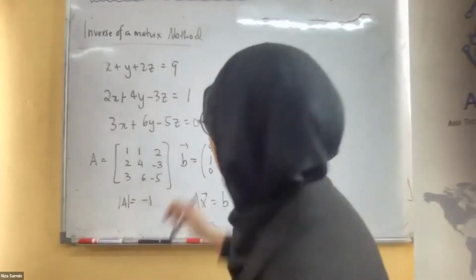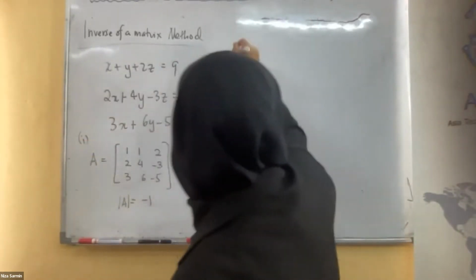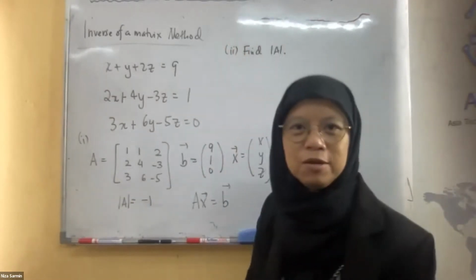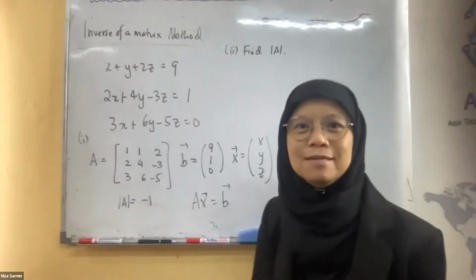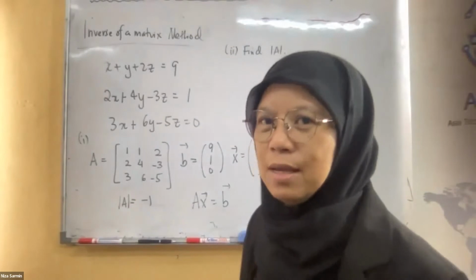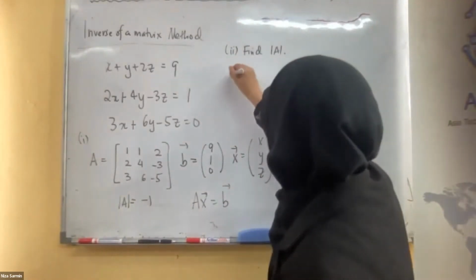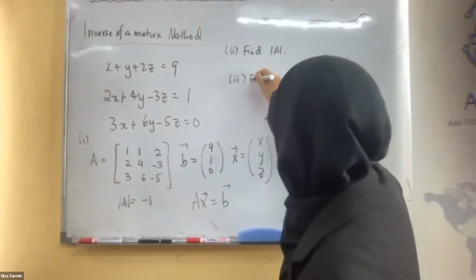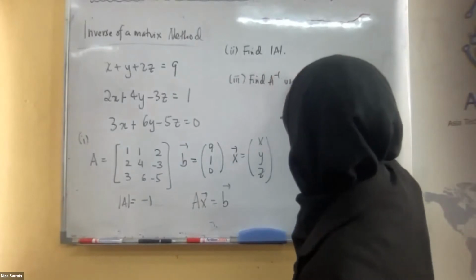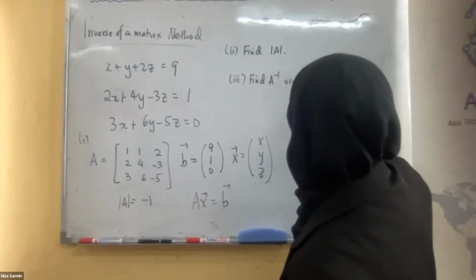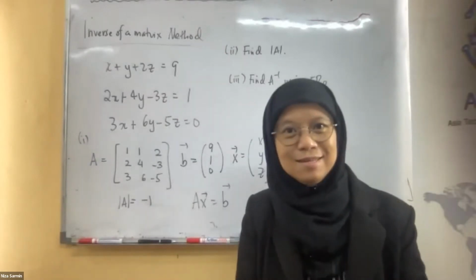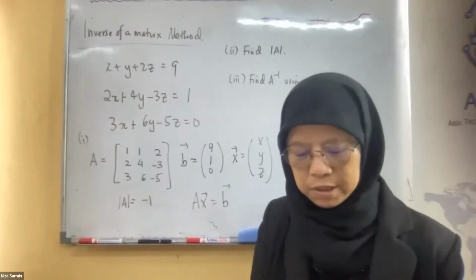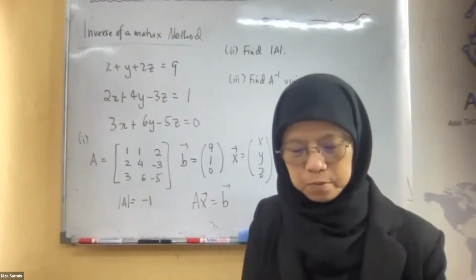Part 2, find the determinant of A. Or maybe you have to find A inverse using elementary row operation. That is what I already gave you. Find the inverse using elementary row operation.